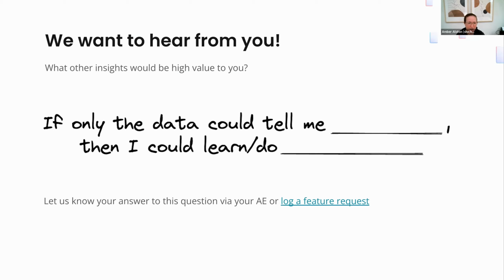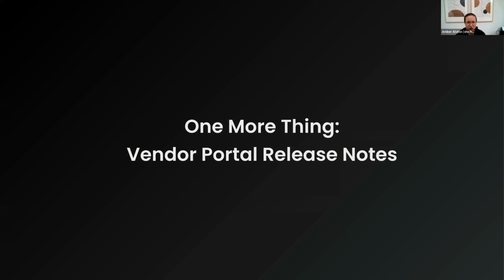Let us know what your answer to that question is. Let us know what data you would find valuable and what kind of value or capabilities or making your job easier that it could unlock for you. So again, you can let your AE know, or you can log a feature request there, which will go directly into the product team.